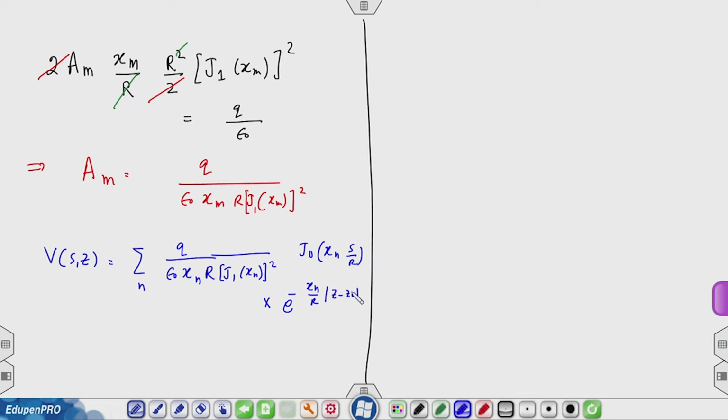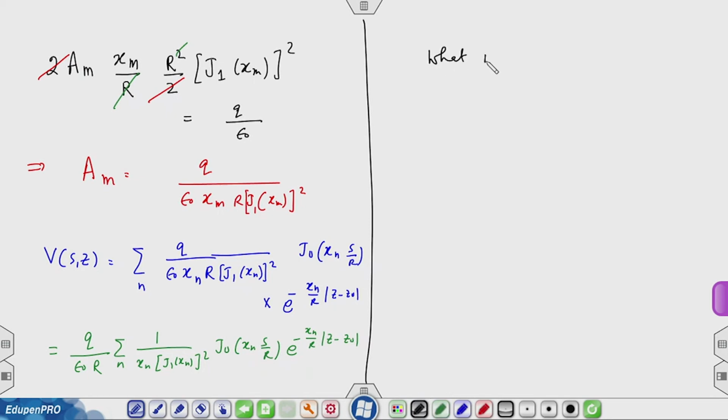That's the answer. It can be written in a better form as q over epsilon naught r, I can take out, summation n 1 over x_n J1(x_n) whole squared J0(x_n s over r) e raised to minus x_n over r mod (z minus z0). That's the answer.